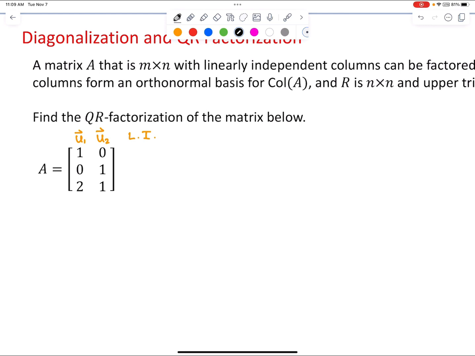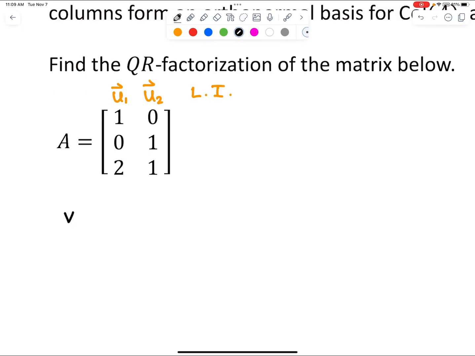Well, this is a 2-step process, if you recall, from our lesson on the Gram-Schmidt process and finding orthogonal and orthonormal bases. So first we will focus on finding an orthogonal basis. So v1, we can let it just be equal to u1. This is the first step of the Gram-Schmidt process, so 1, 0, 2.